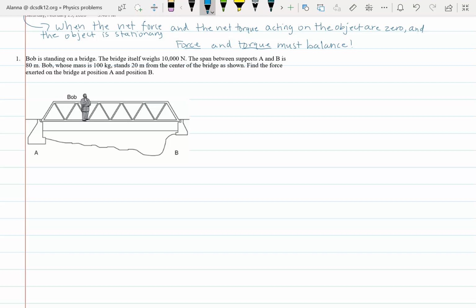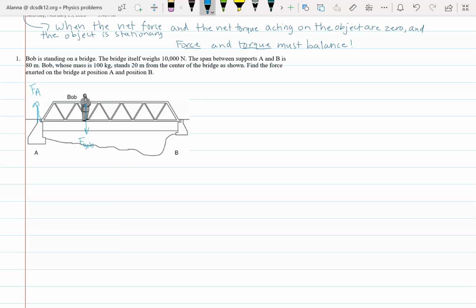So since we know we want to get the forces and the torques to balance, let's start by drawing in some forces on this diagram. We've got the force from A, which I'm going to call FA. We've got the force from Bob, which I'll call FBob.